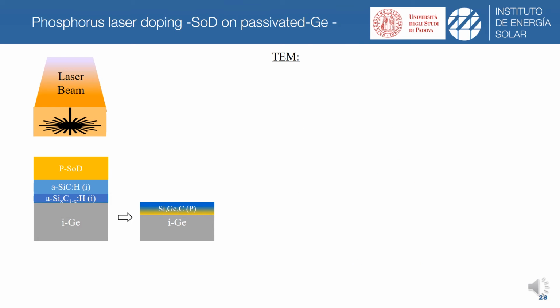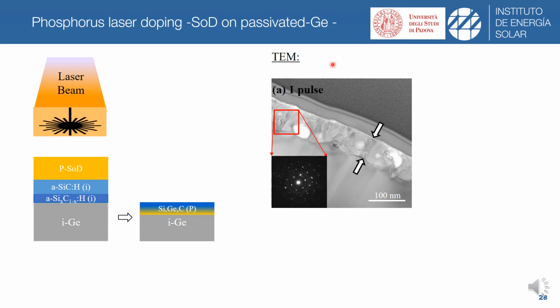In order to further understand the qualitative enhancement in crystallinity as the number of pulses is increased, observed by the X-ray diffraction and Rutherford backscattering measurements, we have also performed transmission electron microscopy measurements. As you can see here, for the 1 pulse condition, there is a polycrystalline near surface, which is also corroborated by the diffraction pattern, which shows different crystal orientations.